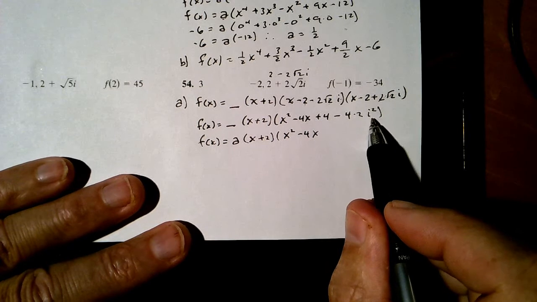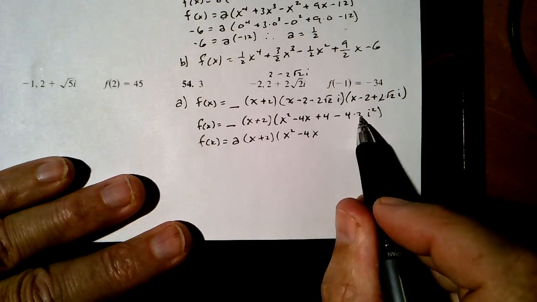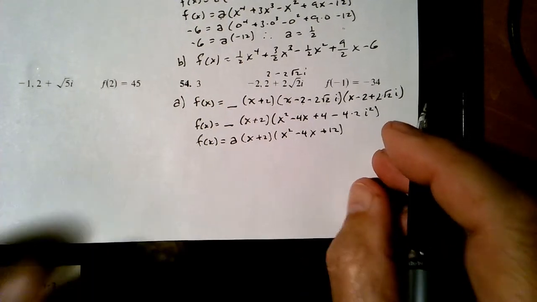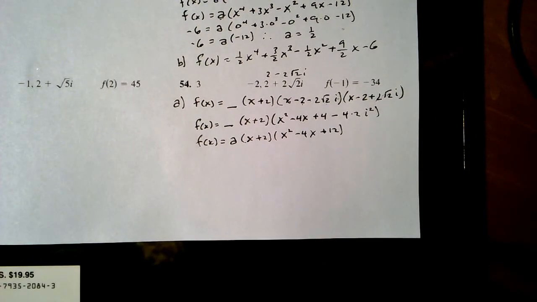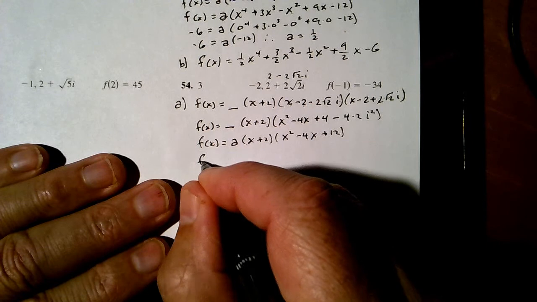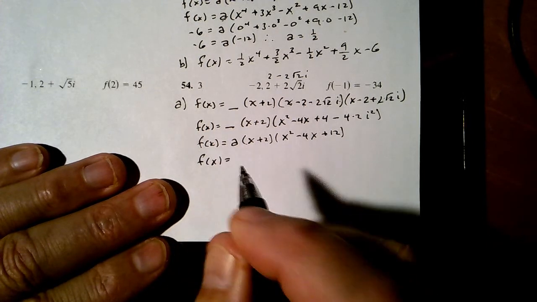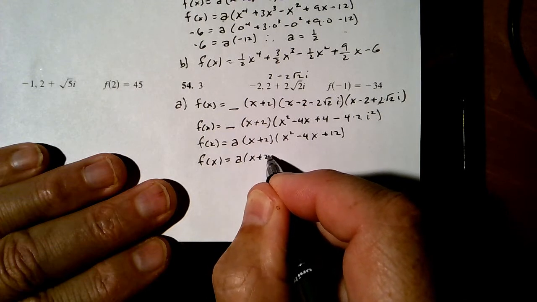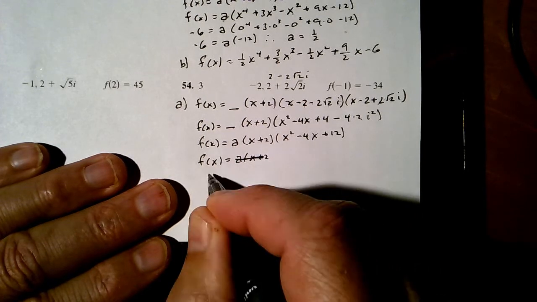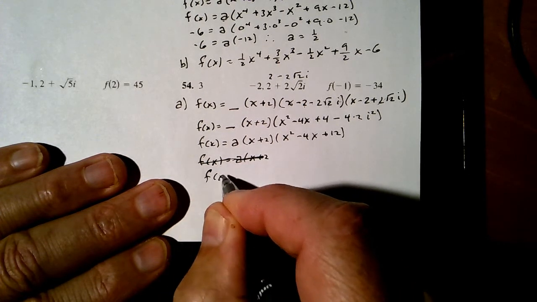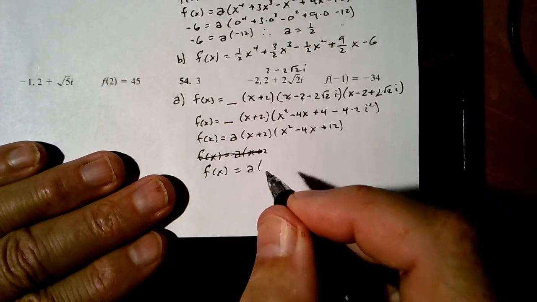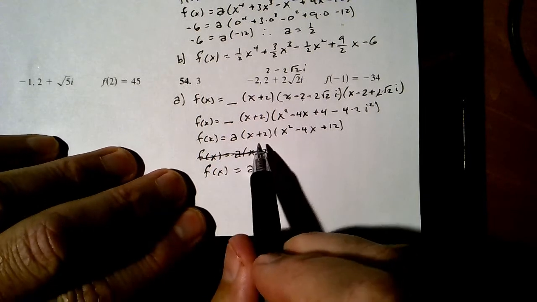This i squared is negative 1, making this plus 8, plus 4 plus 8, plus 12. And FOIL. You're getting your FOILing practice and super FOILing practice on this assignment. I don't know why I did that. Sorry about that. Space is at a premium too. I get a times, I guess I could have gotten away with some of that.